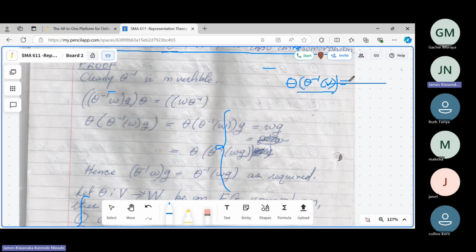So this will end up giving you the same vector V. Maybe you should use W so that it works in reverse order. If you have theta inverse acting first, then theta and theta inverse, the composition will give you the identity. And this will still give you V. So this one will be a map from V to itself, and this other one will be the identity map from W to itself.